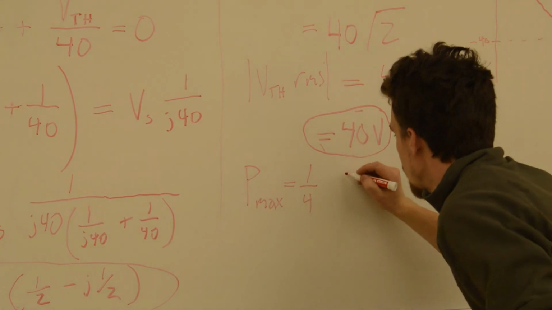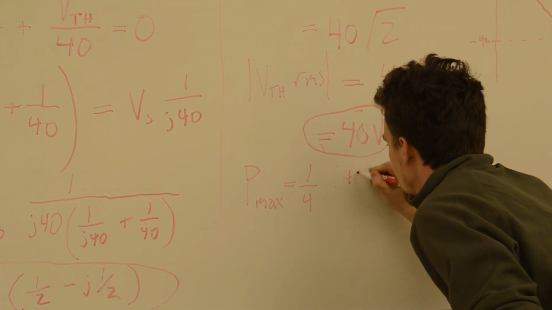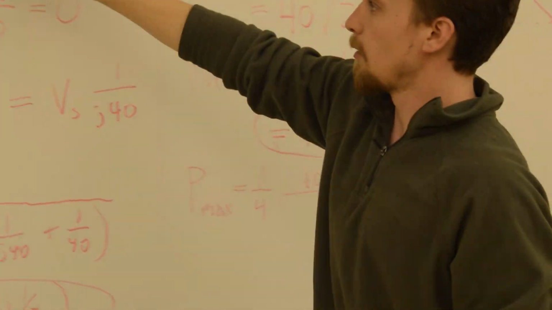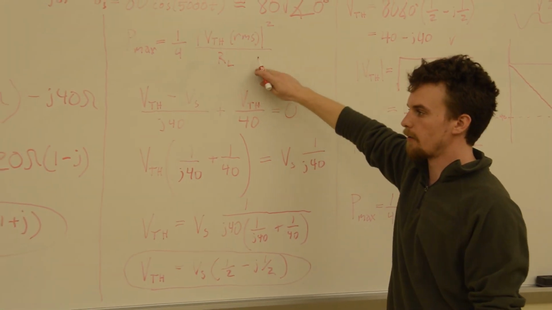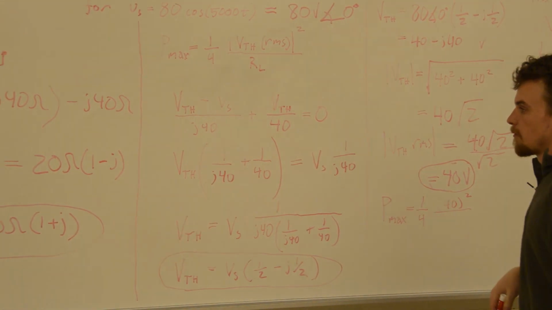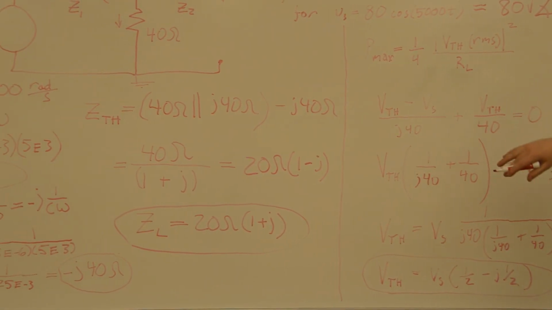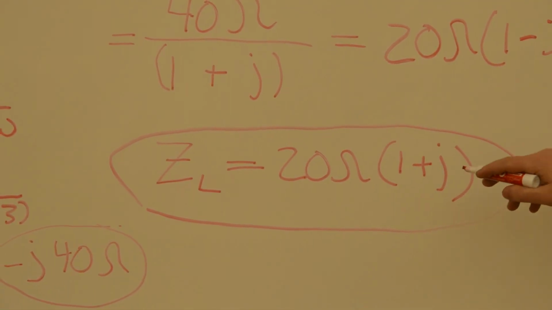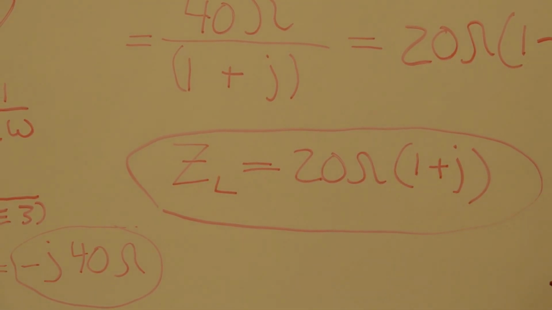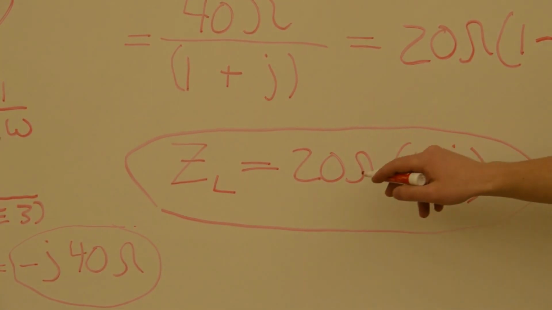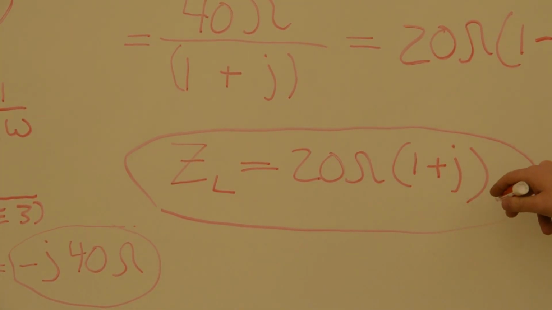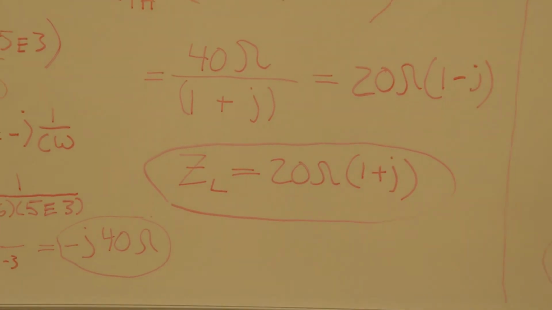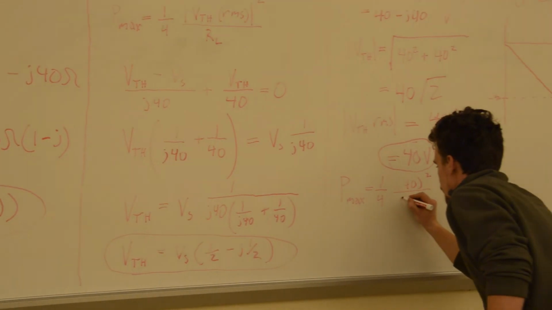We've got V squared, so we'll have 40 squared over RL, which again is the real part of our load impedance. We solved for our load impedance in the first part of the problem, and we got that our load impedance is equal to 20 times 1 plus J. We want the real part of that. If you distribute this 20 over this complex number, you'll get 20 plus J20, and the real part of that is 20. So this is over 20 ohms.